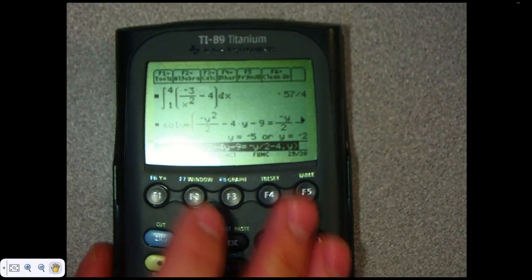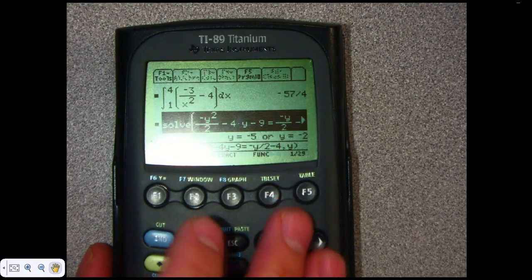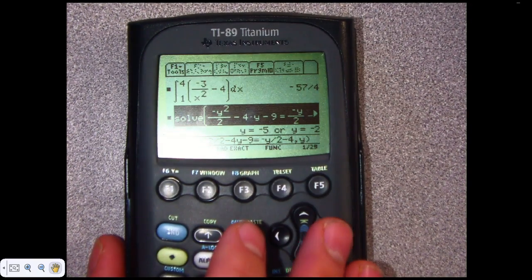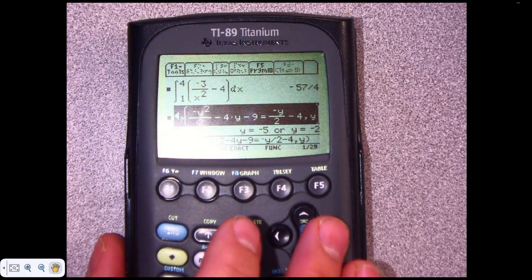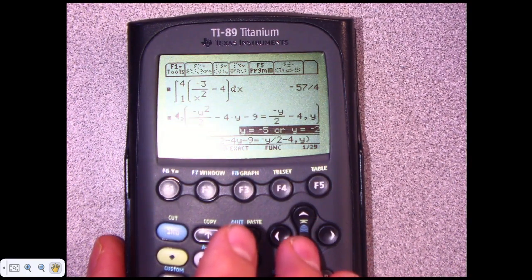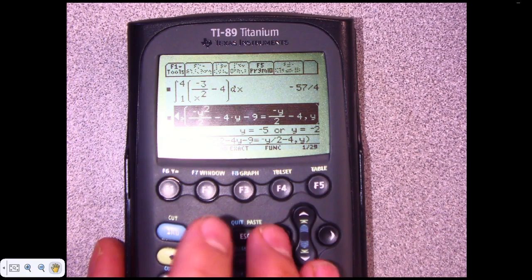So I don't know what your error was, but here's what you should be typing. So solve, then you just type in the equation, equals the other one, comma y. You guys get -5 and -2? Okay. Does that help you see what your error was? No, because it looks like I typed in the same thing.